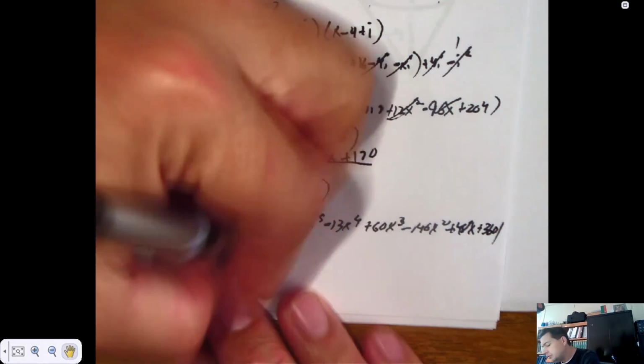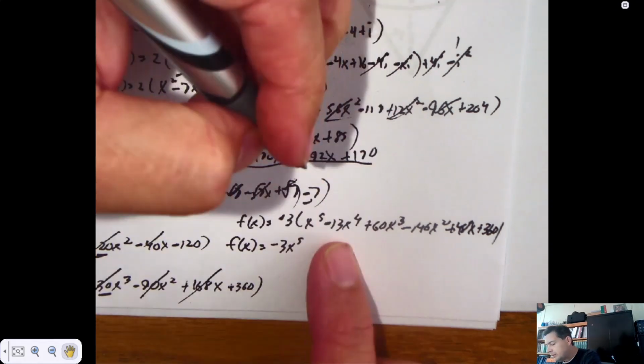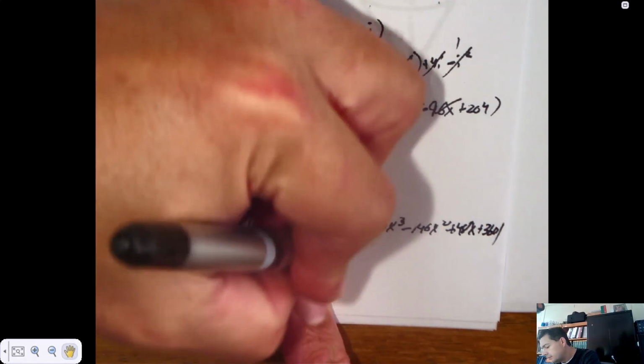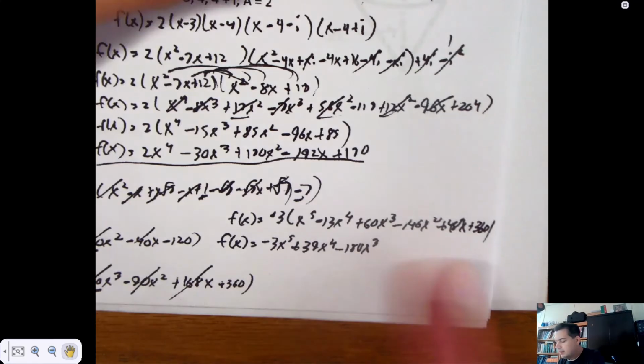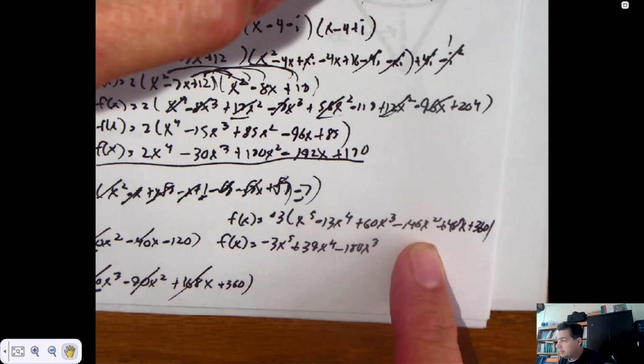Next step, multiply everything by a negative 3. Negative 3x to the 5th plus 39x to the 4th minus 180x cubed. Oh, man. Be 450 take away 12.